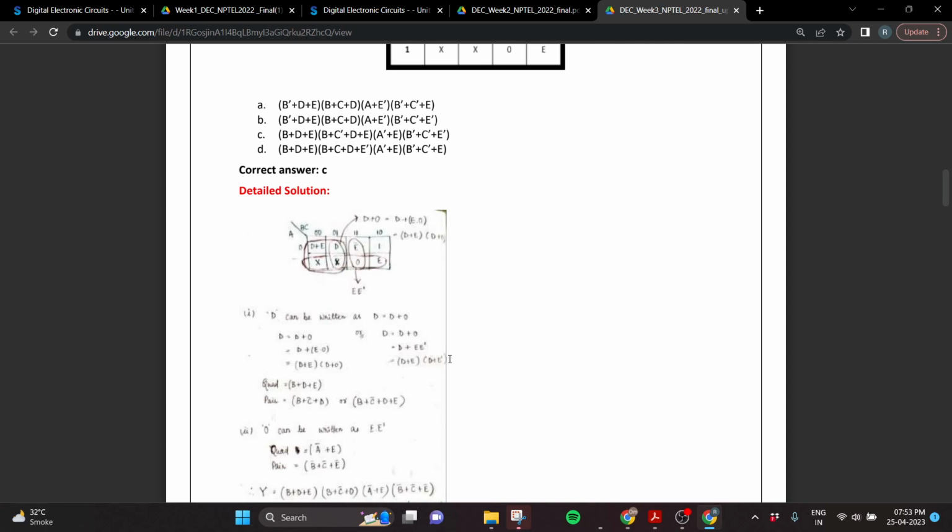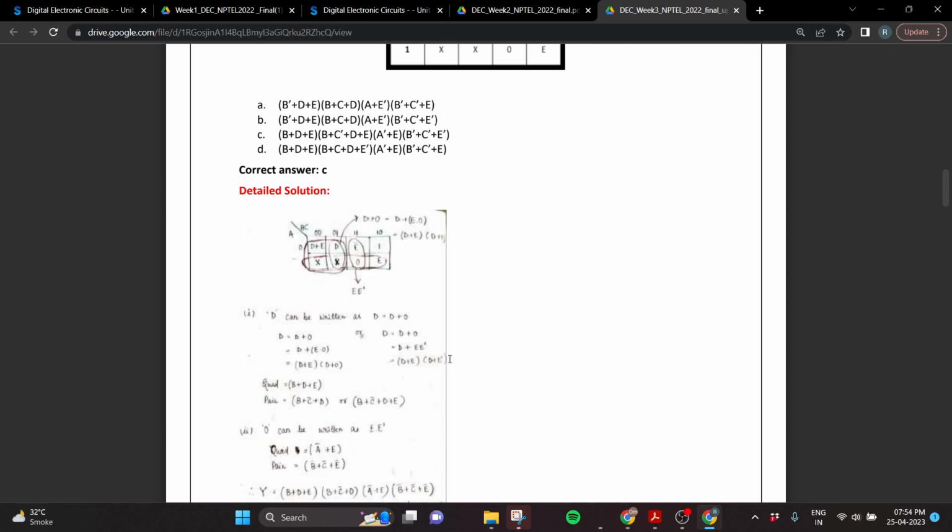Okay, so let us see the terms that we have currently. B plus D plus E, A bar plus E, B bar plus C bar plus E bar.